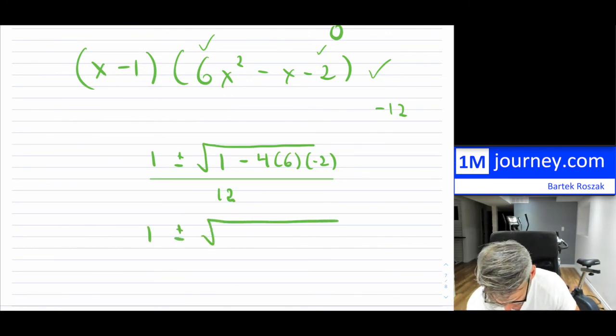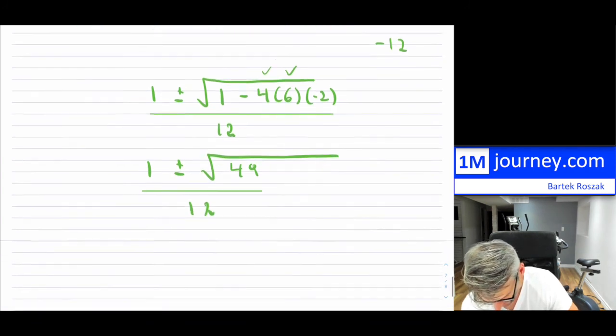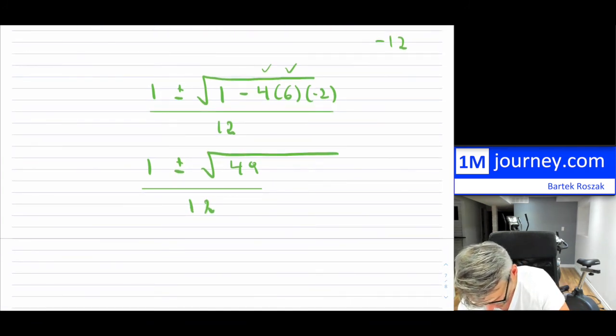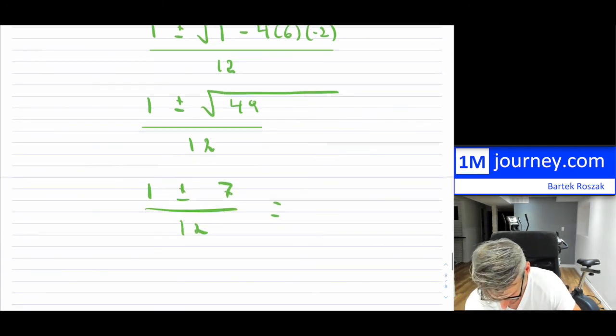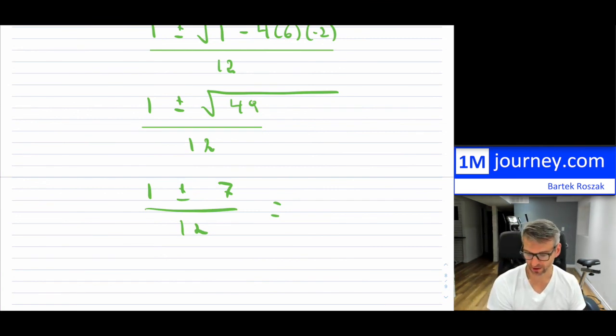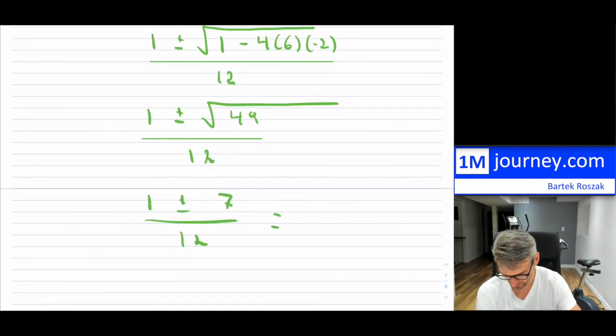Well, we'll see. So 4 times 6 is 24, times 2 is 48. Oh, this is 49. Okay, I definitely missed something in the factoring. So that's going to be 7. So that's 1 plus minus 7 over 12. Okay, I wouldn't have been able to do it in this way, because I can see that these are going to be just some kind of fractions. So 1 minus 7 is, I guess, minus 6.